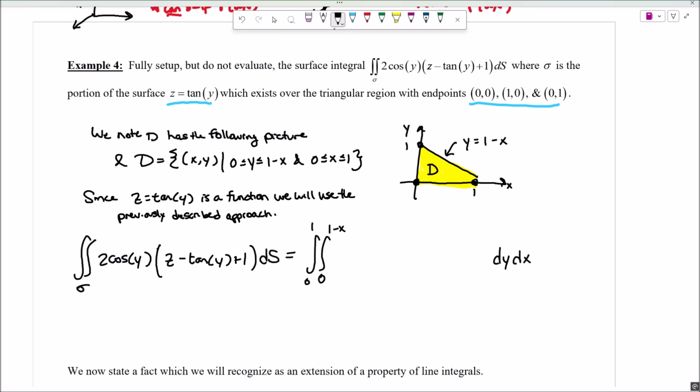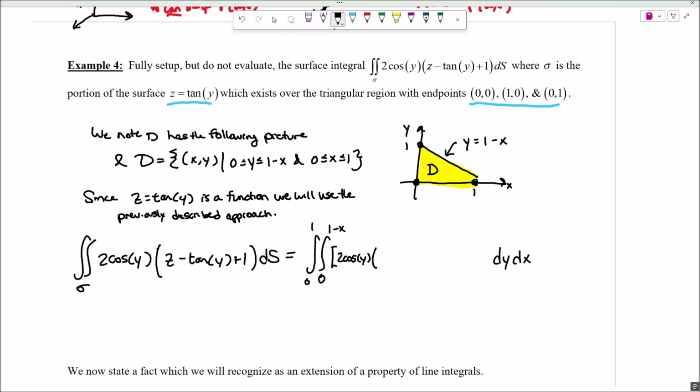For my function, I'm going to update this function in terms of x's and y's variables. So let's see, I'm going to have 2 cosine y. Nothing there needs to change because y is one of the variables that I have. And then I have z minus tangent of y plus 1. Well, wait a minute, I don't really need z here because I'm only setting up an integral with y's and x's.